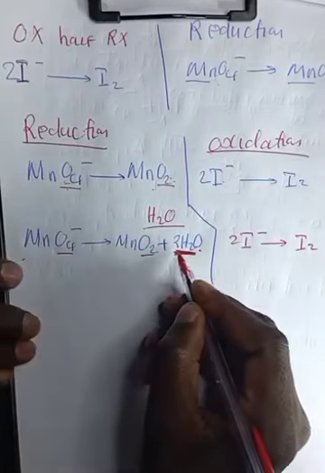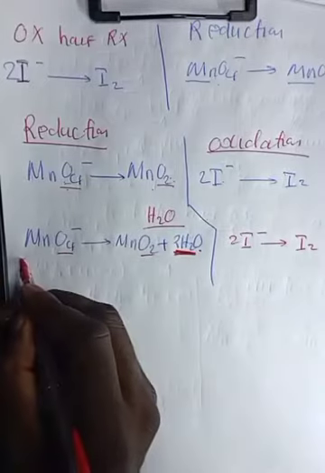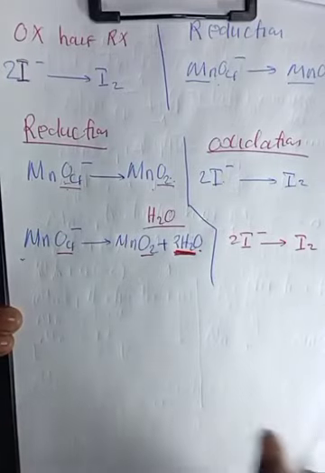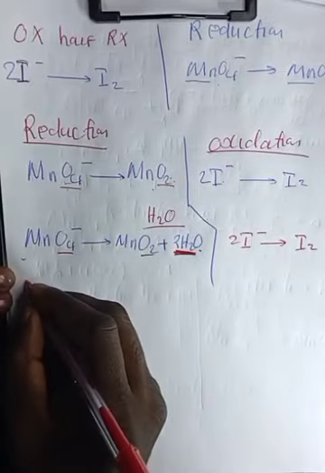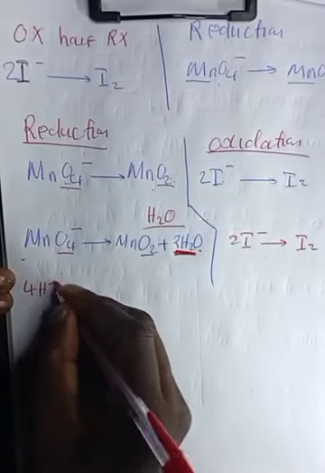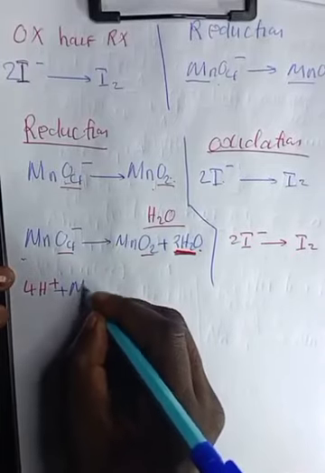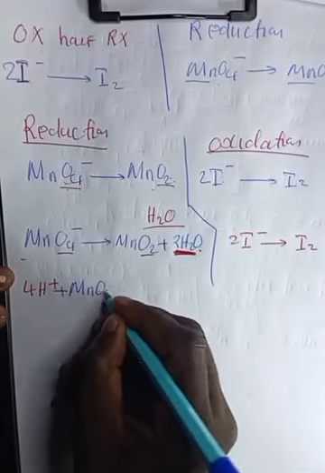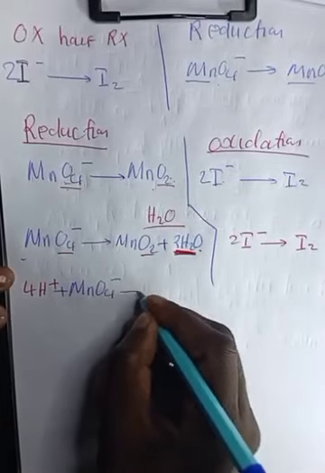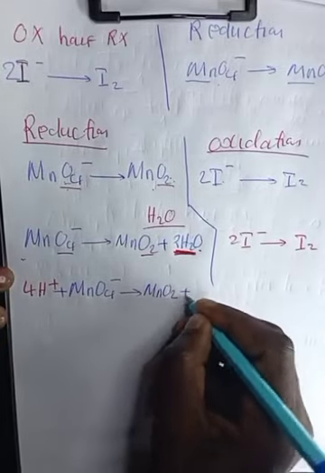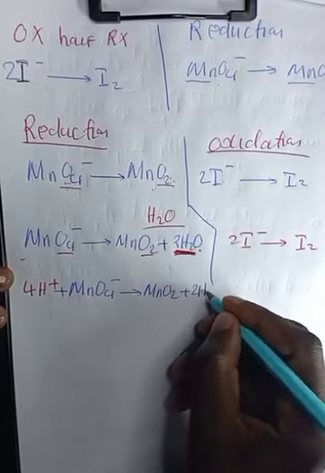So we are going to add 4 hydrogen to this side so that they can also become 4. So we're going to say that 4 hydrogen ions plus MnO4 minus, we are getting MnO2 plus 2H2O.